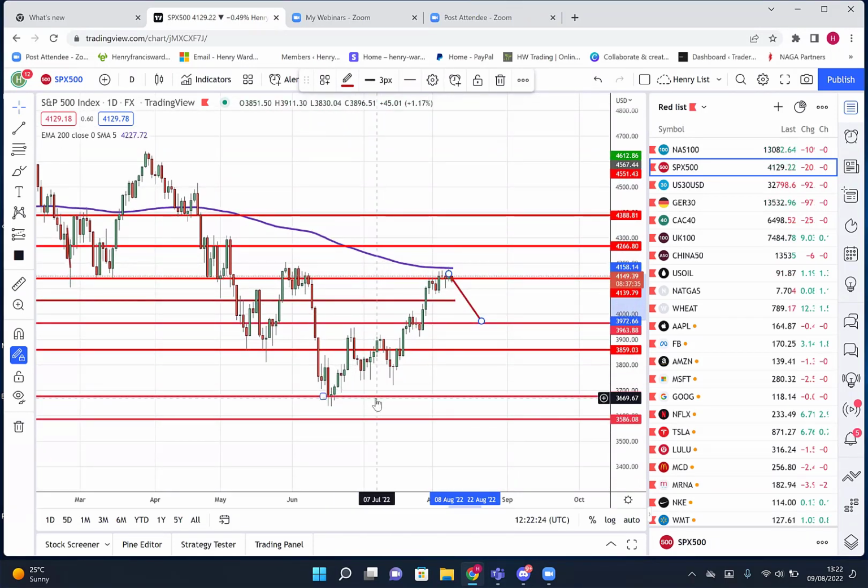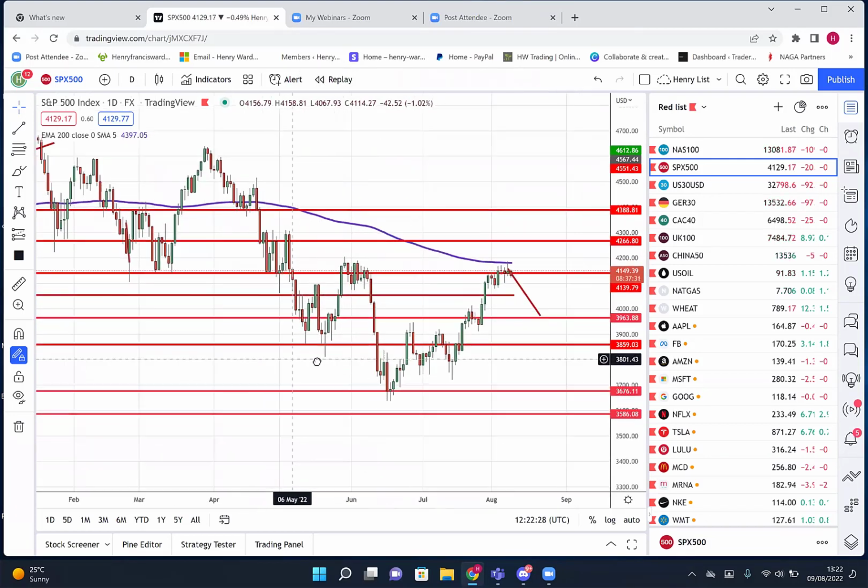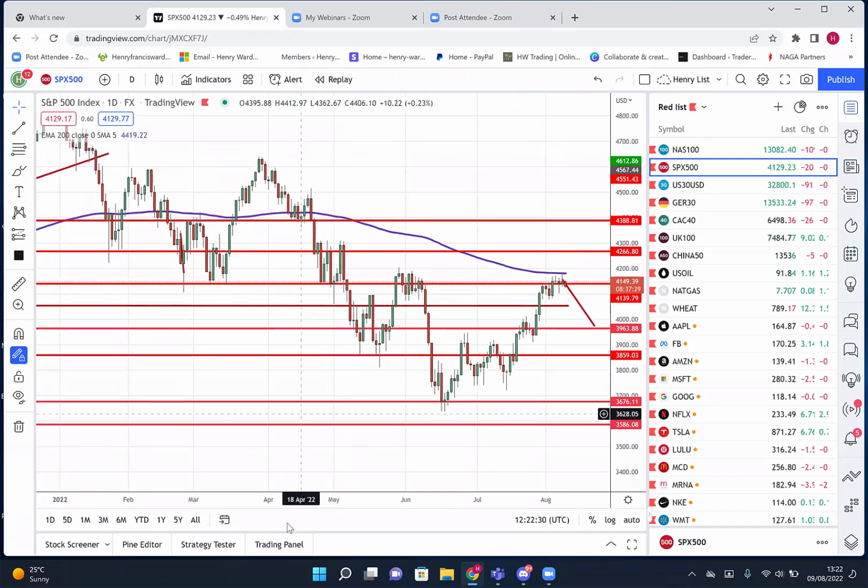Now, is there anything there that, for me, is more important than the 200 moving average? Could anyone spot anything? Anyone spot anything that's more important than this 200 moving average for me?